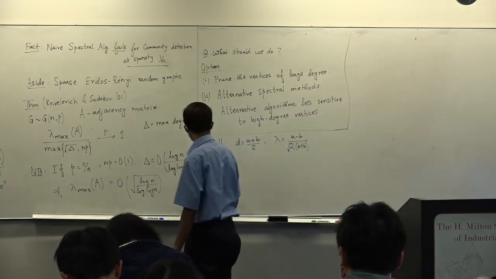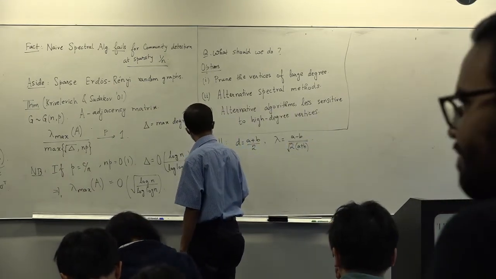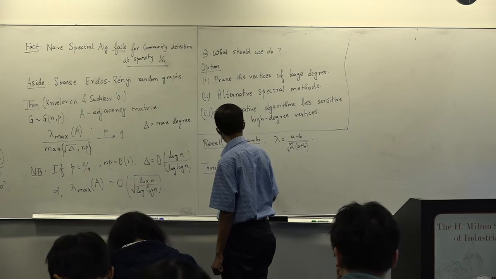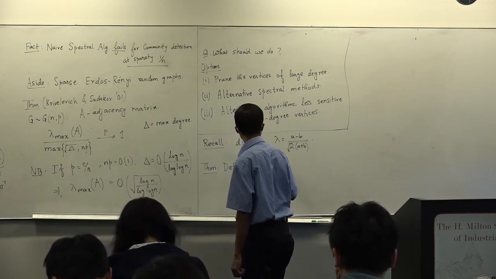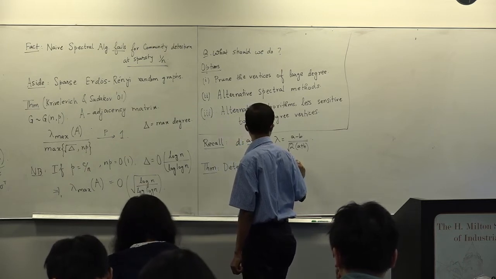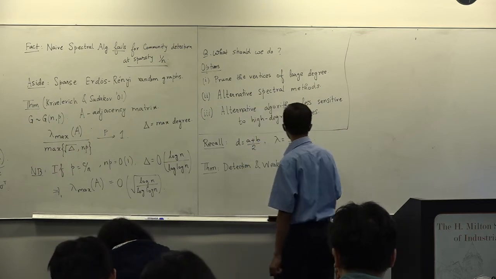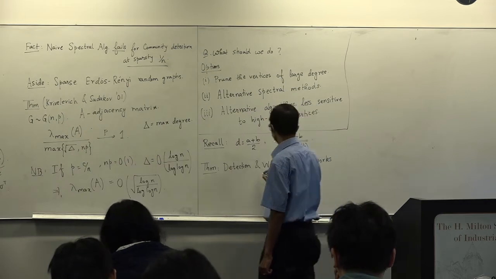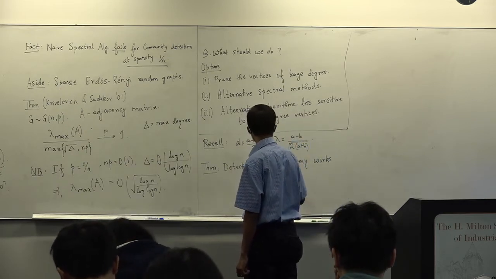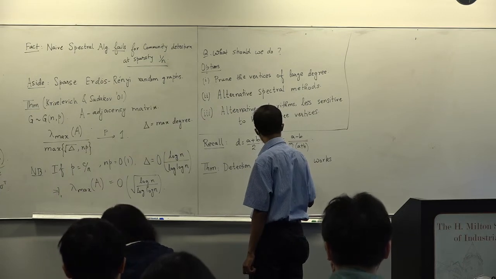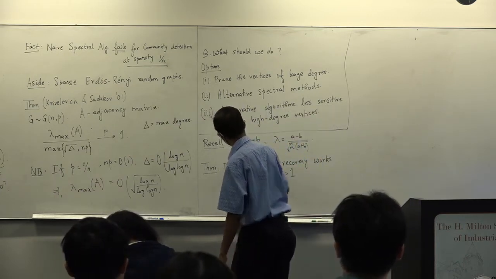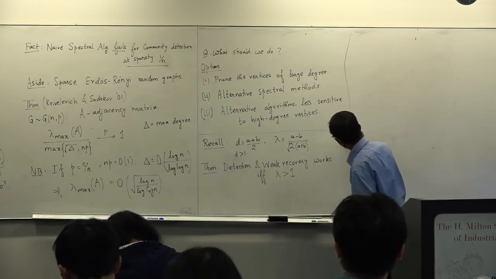And the result that we quoted from last time is that detection and weak recovery works if and only if lambda is bigger than 1. Right? And throughout, it's implicit that D is bigger than 1. This was our result from last time.